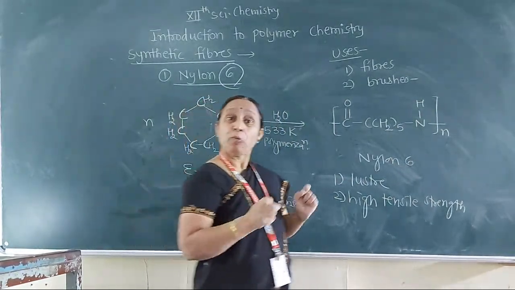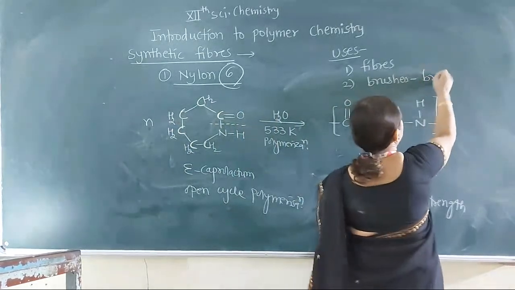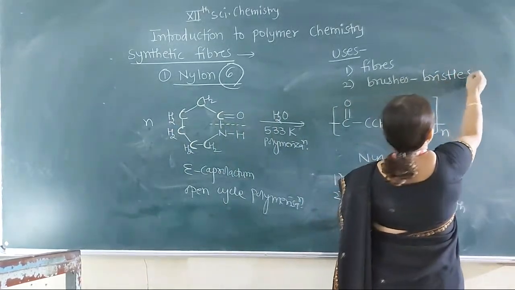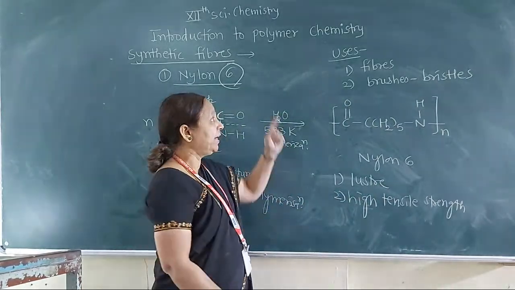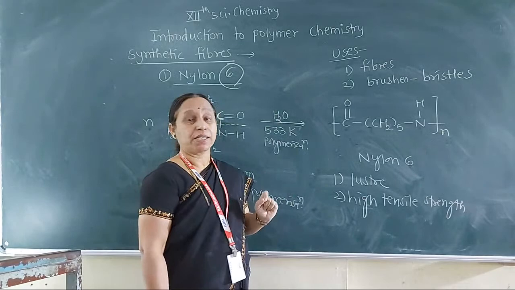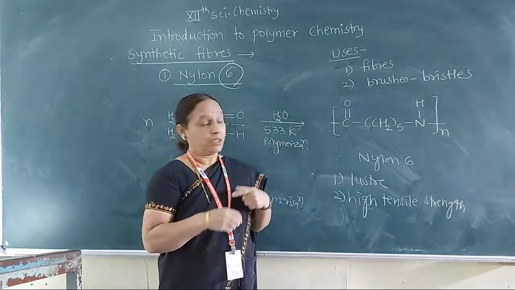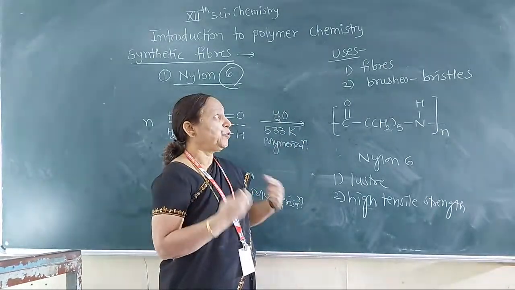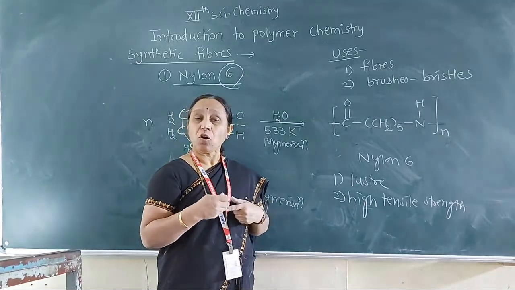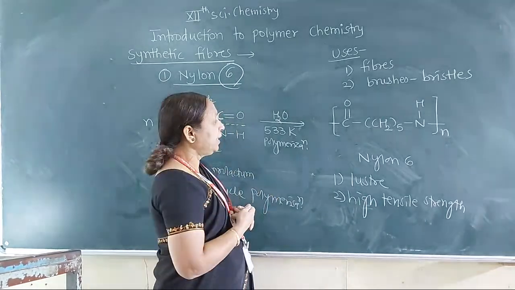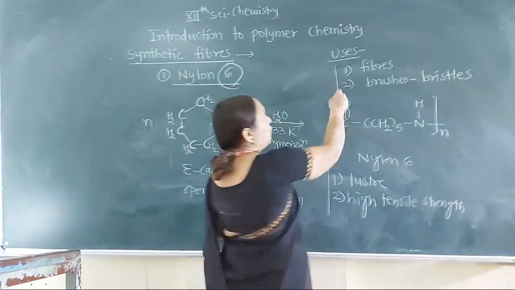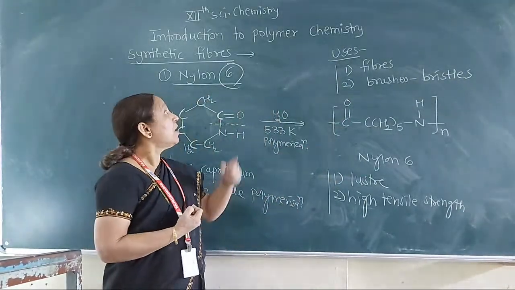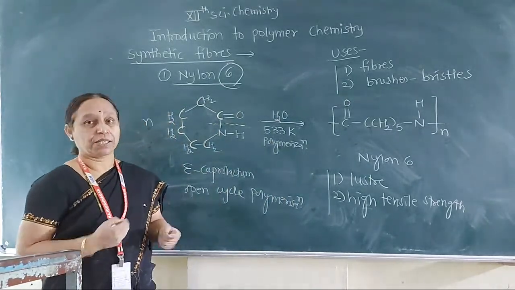The bristles of the brushes are obtained from nylon 6, to make fibers and to make bristles of brushes. And thus remember these two properties and remember these two simple uses of nylon 6.